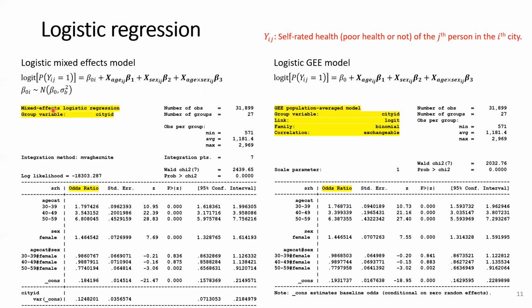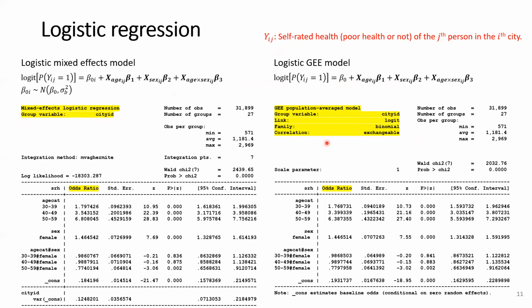This is a mixed effect model, and the group variable or clustering is at city ID, and we are calculating odds ratio here. And for the GEE model, we don't have a random intercept, but we have only the global mean. Apart from that, the equation is the same.